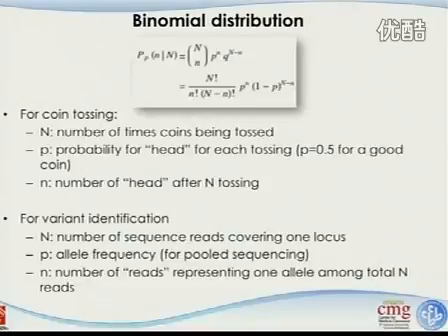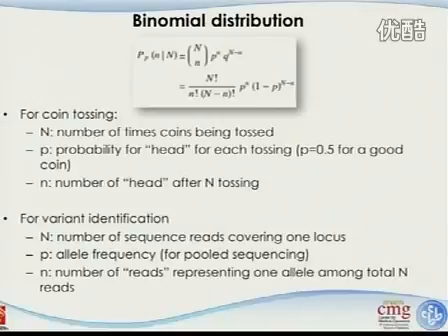And p here is the allele frequency for the pooled sequencing, right? So it's not 50% anymore. If only 10% of the population has this variation, p will be 0.1, things like that. If 90% have it, that will be 0.9. And k here is the number of reads representing one allele among the total number of n reads.